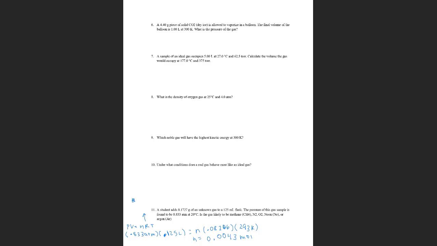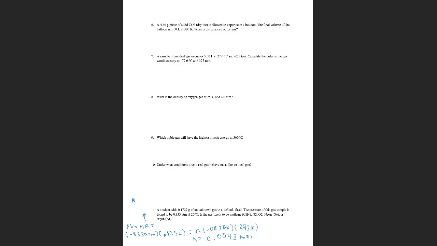So then how are we going to use this to determine which of the gas molecules it's going to be? Because all we have right now is moles. Yeah, we're going to find the molar mass using the grams given.